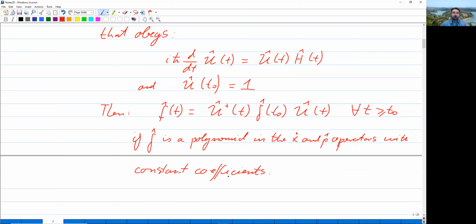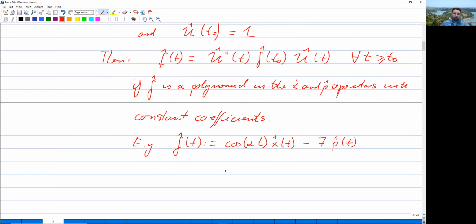What do we mean by constant coefficients? For example, f hat of t being defined as the cosine of some alpha times t, times x hat of t minus 7 p hat of t, does not qualify for our proposition because this coefficient here is not constant in time.